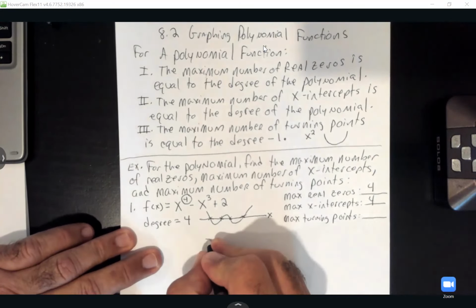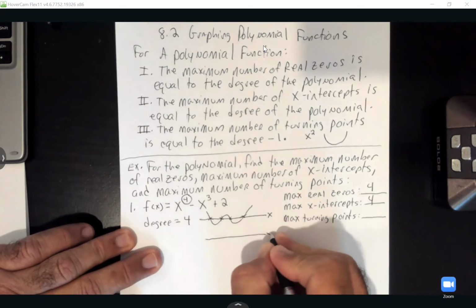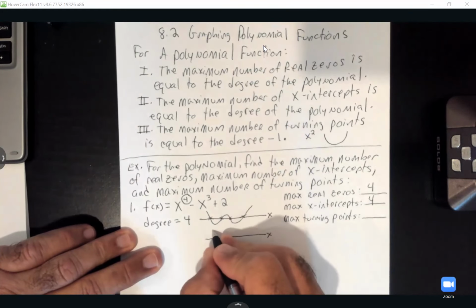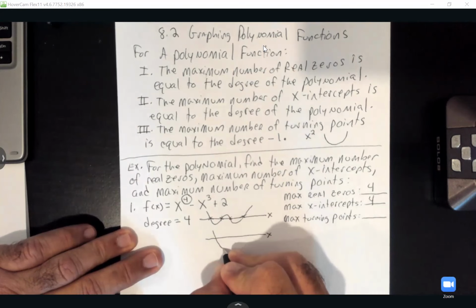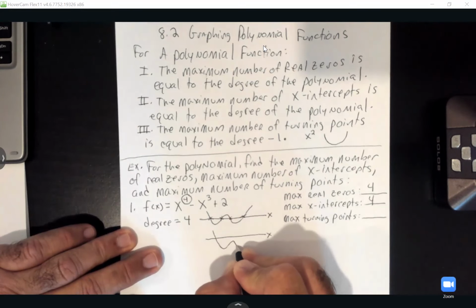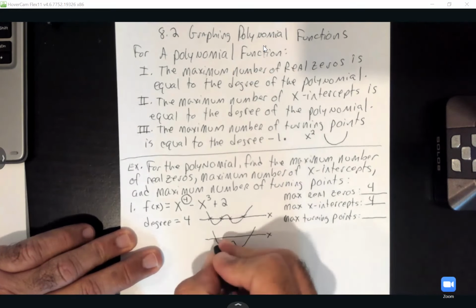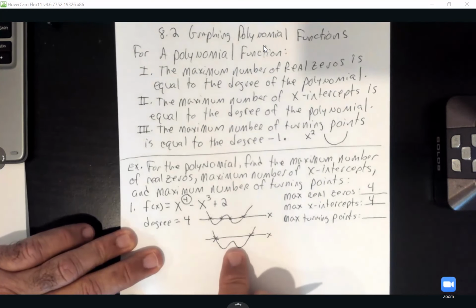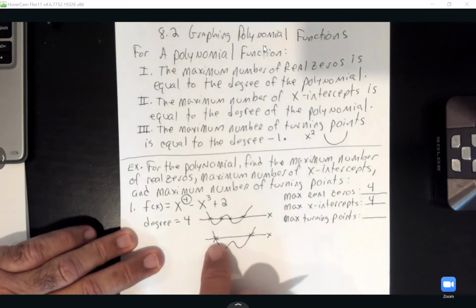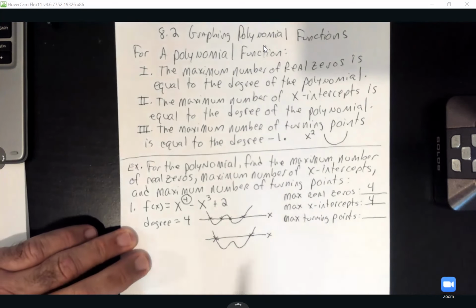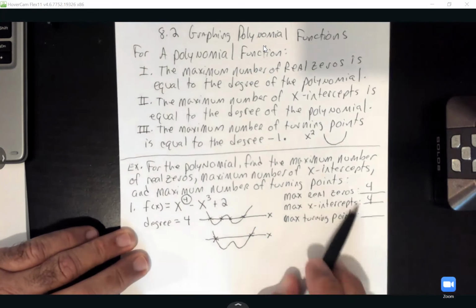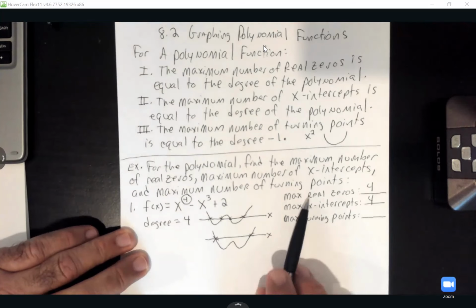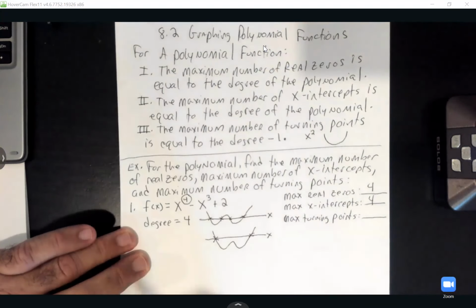Now remember, the reason we're looking at the maximum is because this graph could come down, turn up, and do like this, and then go up. Same graph, just shifted down a little bit. But notice this one only has 2 x-intercepts and 2 real zeros. That's why we're only concerned in these problems with the maximum it could have.